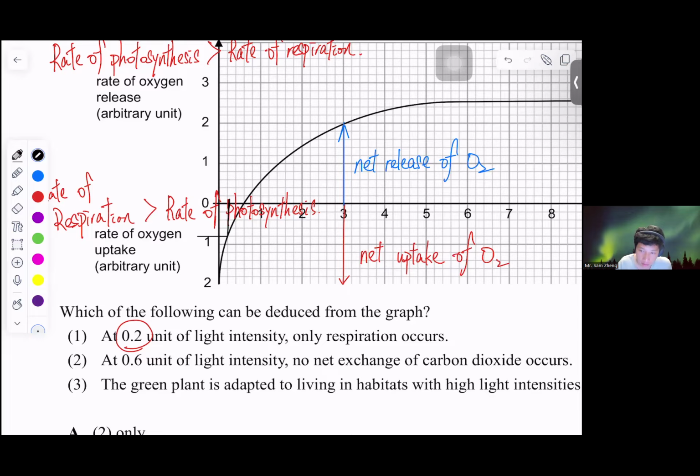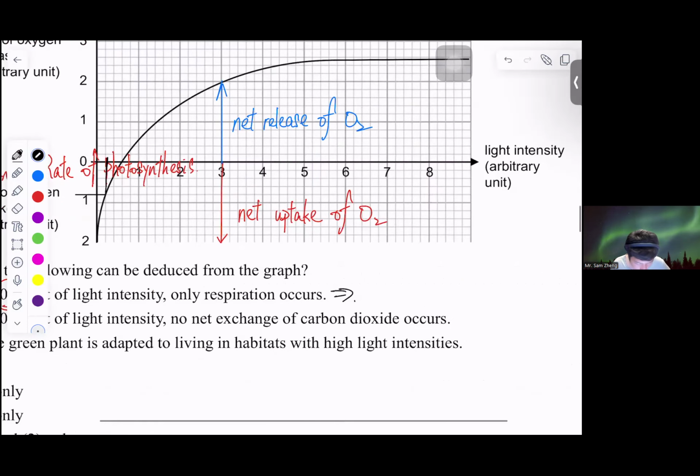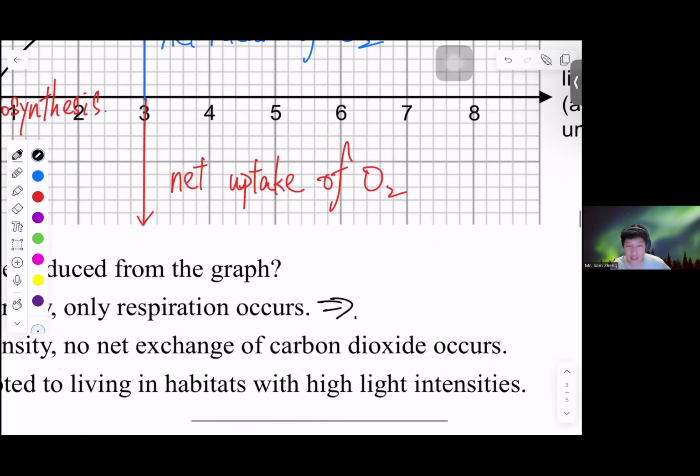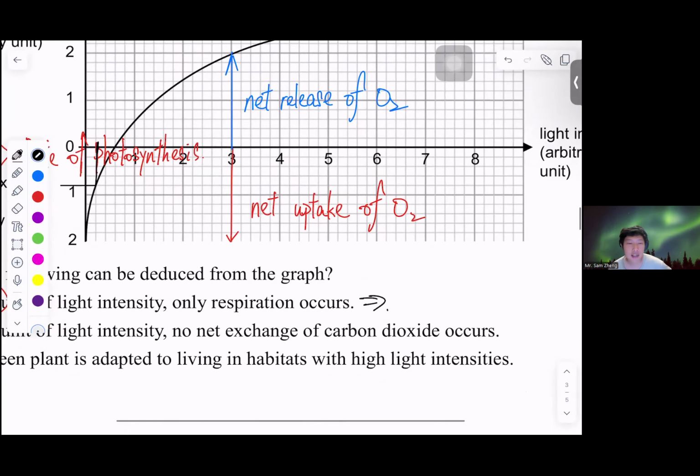Do you think this is correct or not? Bernard, what do you think? I think you mentioned that there is only respiration occurring, right? But remember, this is not correct. Why?